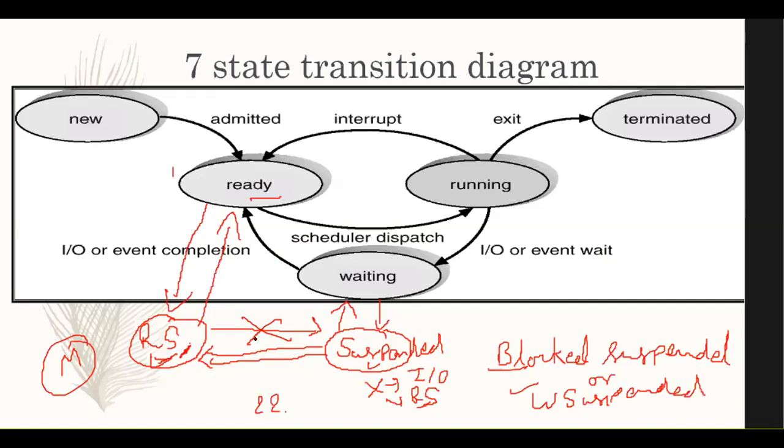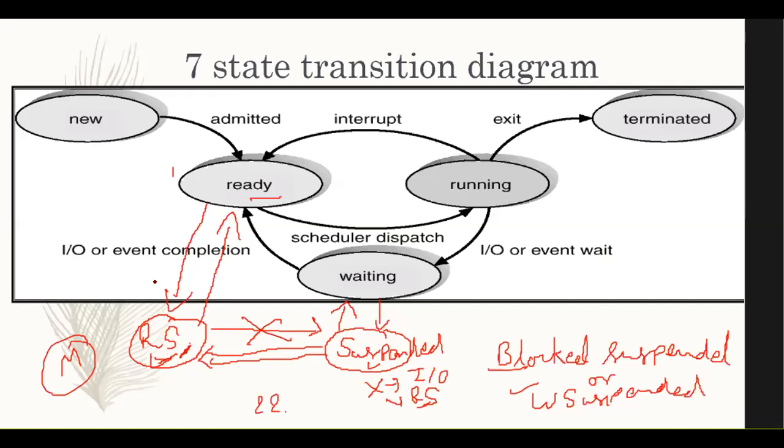So once again, you can see that each and every arrow has a clear definition of why it is in this transition diagram, and if any arrow is missing, there is a justification for why it is not in the diagram.